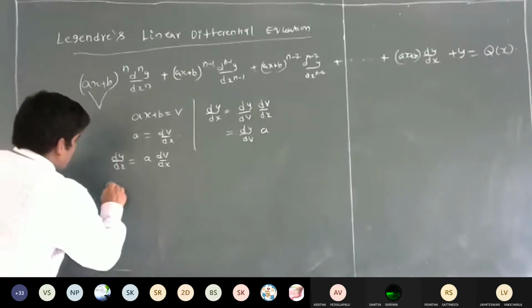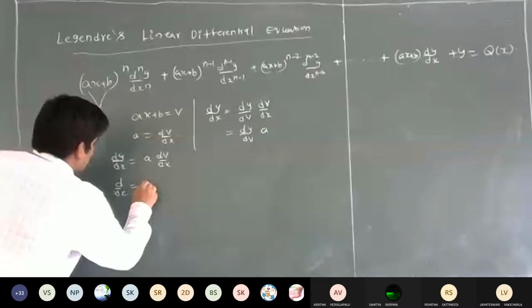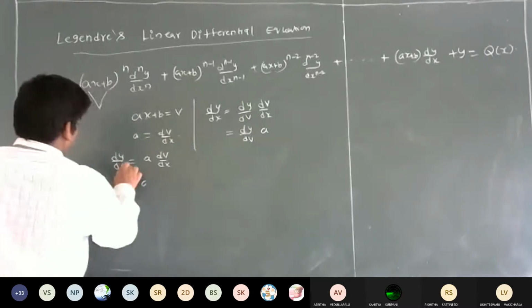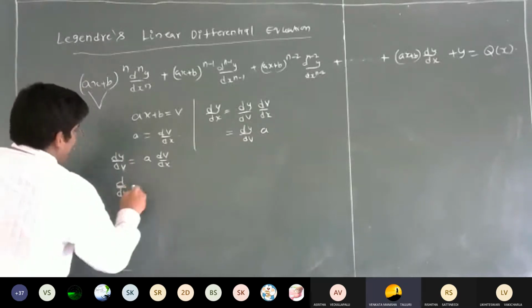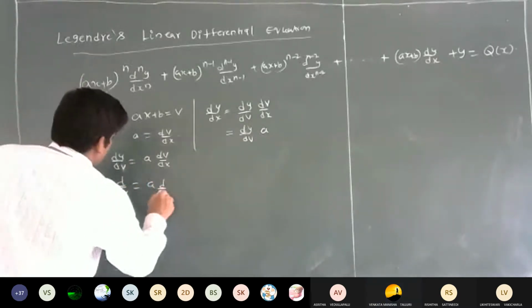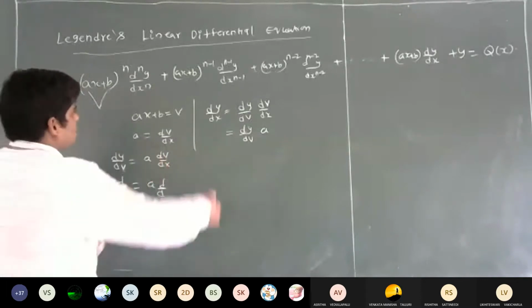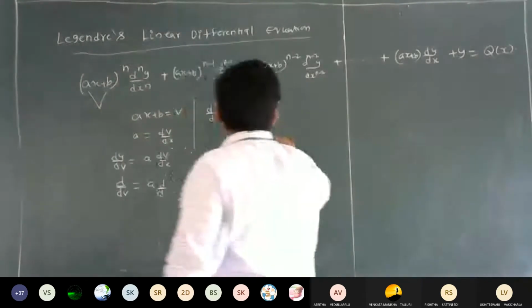In the operator form, d by dx is equal to a into d by dv. Sir, it is dy by dv, sir. Yeah. So d by dv is equal to a into... Anything problem? dv by dx, right? So dy by dx is equal to dy by dv into dv by dx.